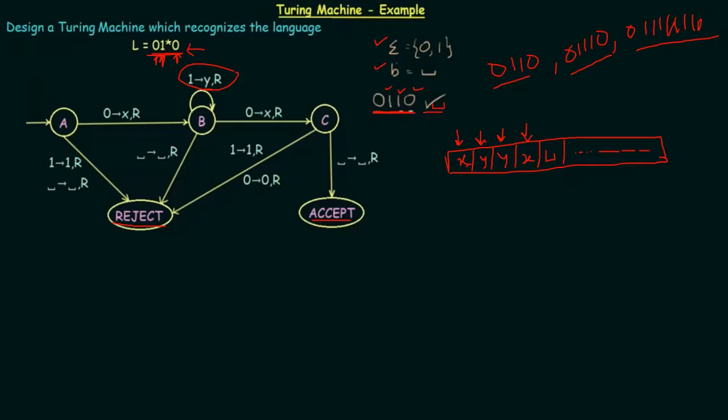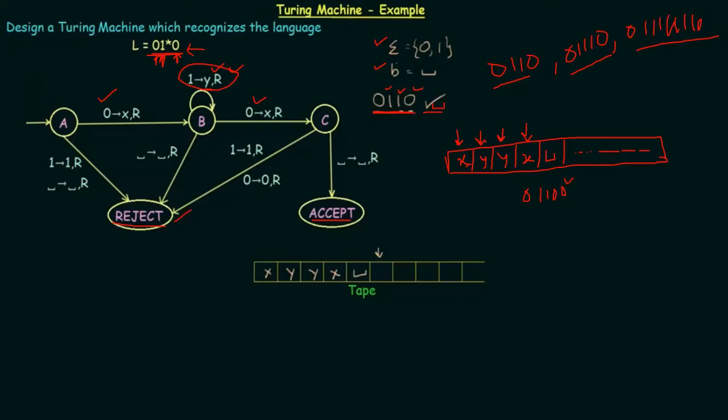If there was a string like 01100, what would have happened? In that case it would have taken 0 here, then 1 here, then 1 here, then 0 here, and finally when it gets another 0, it will go to the rejected state.